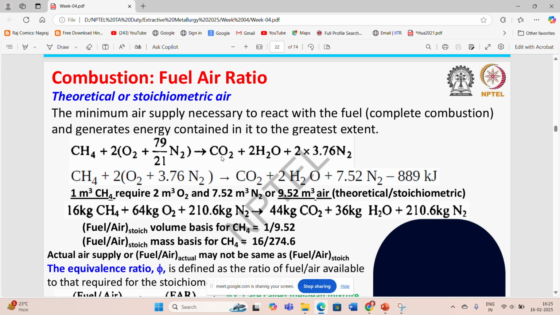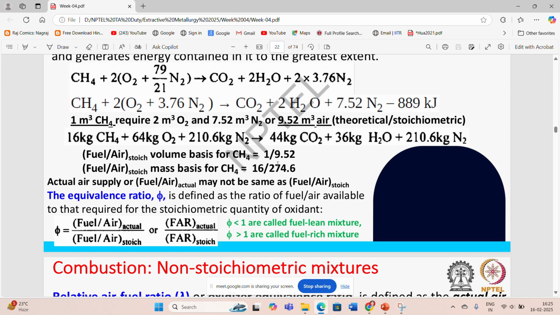During the complete combustion process, the CH4 is going to get converted into CO2 and water vapor, and the N2 will not react with anything, because N2 is going to dissociate only if we increase the temperature more than around 1400 or 1500 degrees Celsius.